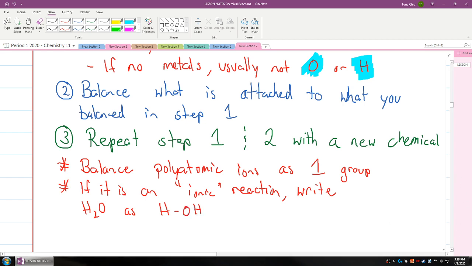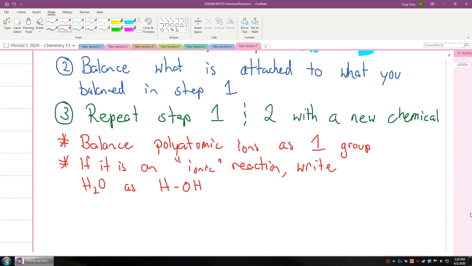The reason why you want to do this is because H2O, water, is actually coming from a hydrogen, in this case usually an acid, and an OH from a base. Using that, you're going to see OH from one side, which is a polyatomic ion, but you're going to end up not seeing OH on the other side if you just write it as H2O. Instead, if you write it as HOH, you can actually see that this is an OH group.